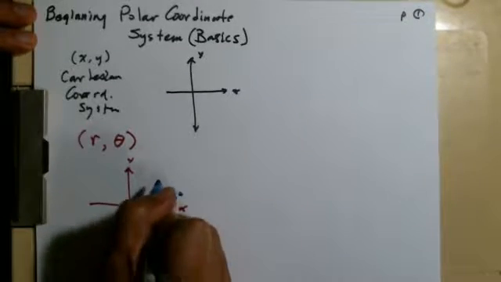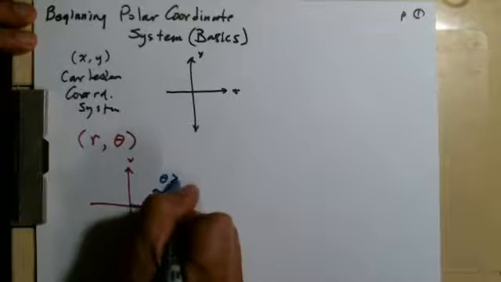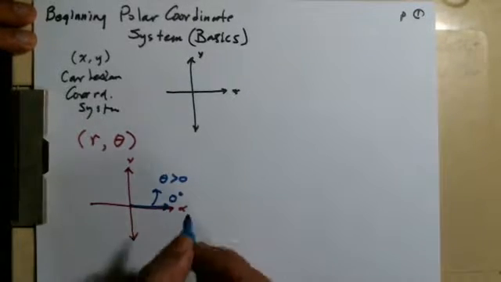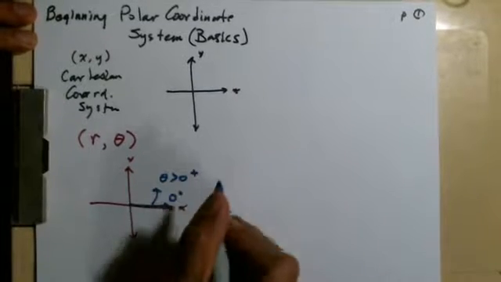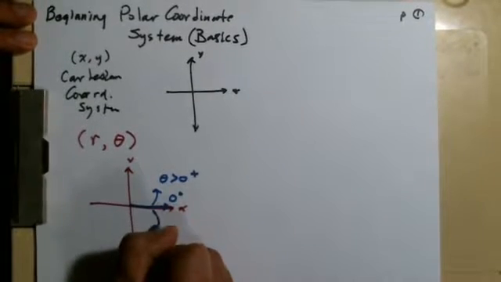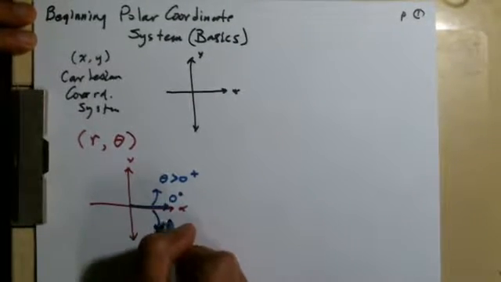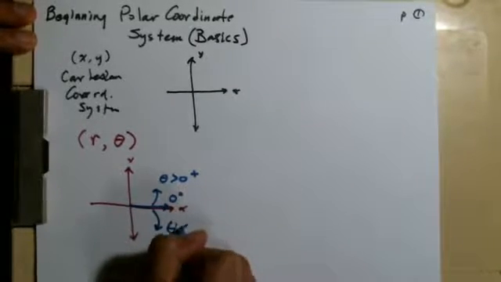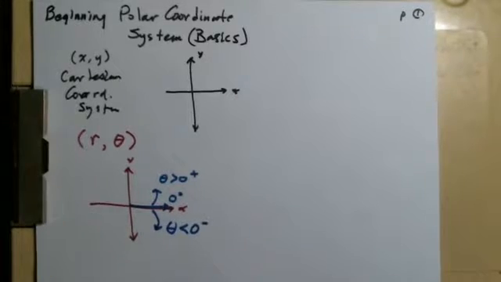And going counterclockwise, theta is greater than 0. Another word for greater than 0 is positive. And of course, if you're going clockwise, your theta is going to be less than 0 or negative.